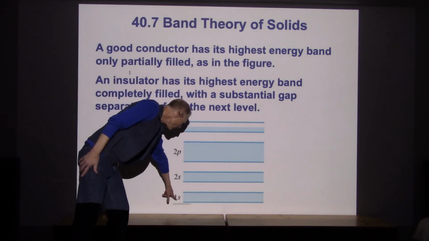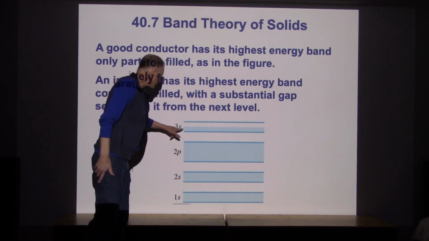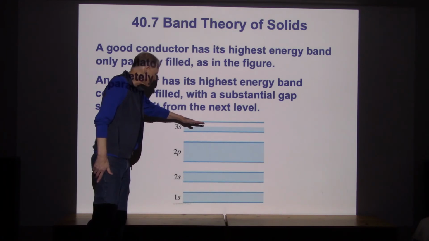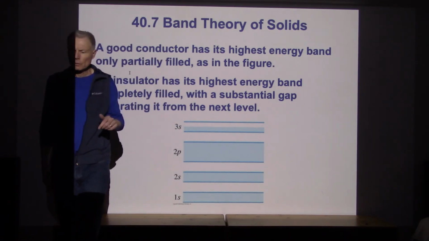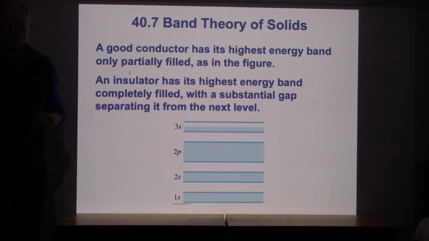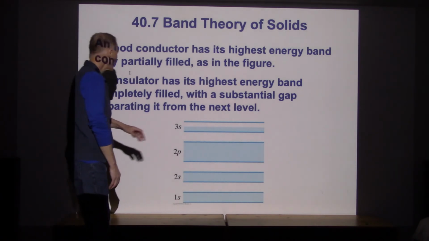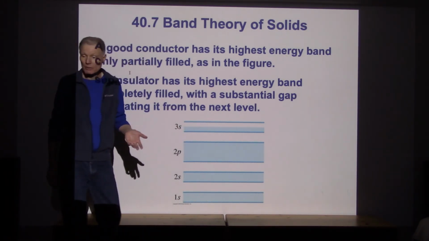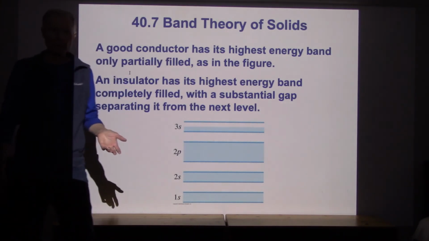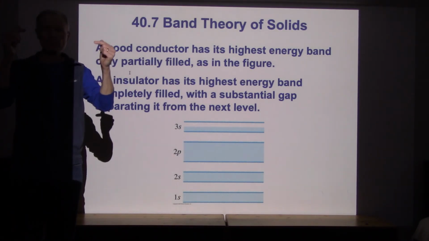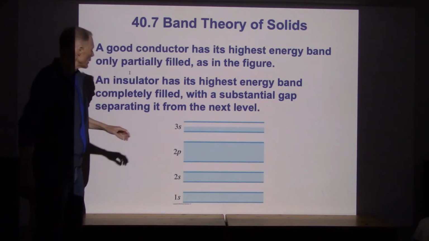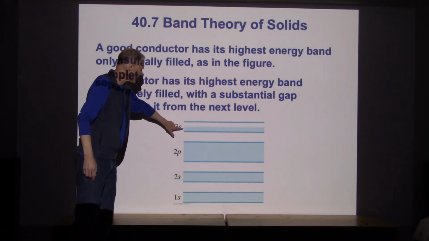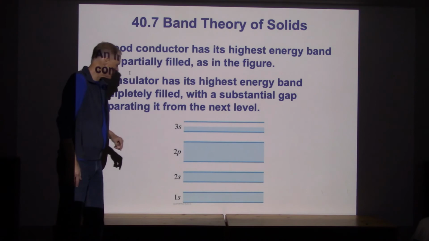And so if we do that, we would have a 1s, a 2s, a 2p, and a 3s band. The 3s band would be half filled because each individual sodium only has one 3s electron. And that would make it the conduction band. So this would be the conduction band, and metallic sodium is very conductive. So it's a very good conductor. The electrons can easily move back and forth between energy states on either side of the Fermi energy.